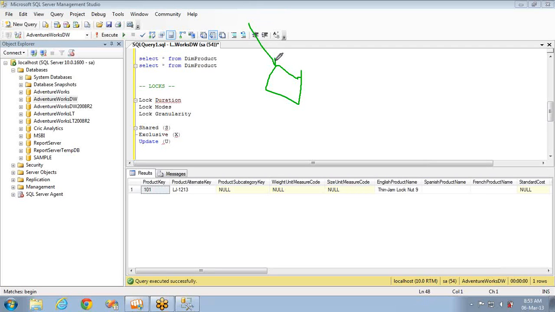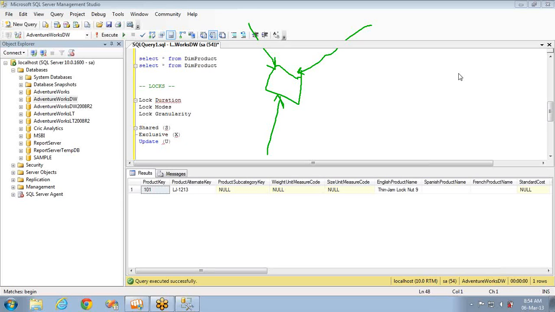First, this guy will apply a shared lock on this and start reading the data. The other guy can apply another shared lock and read the data. And the third guy can apply another shared lock and read the data. So shared lock is used for reading the data from a table or from a page.